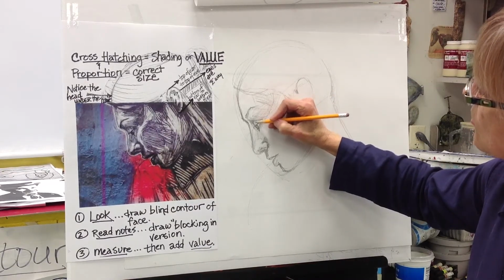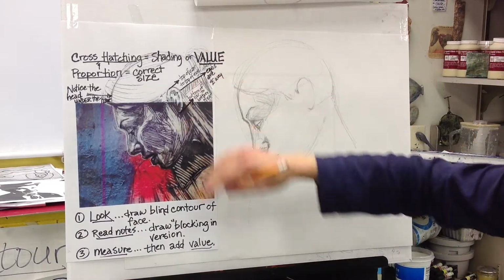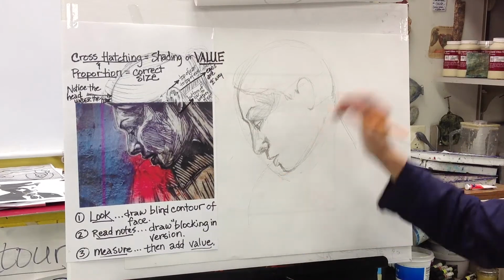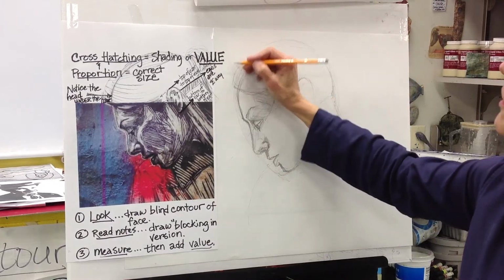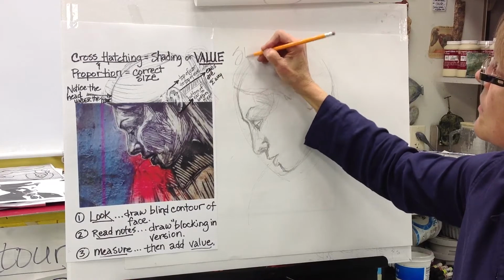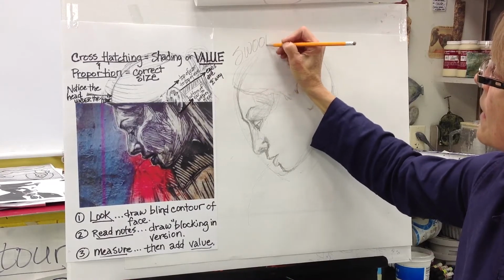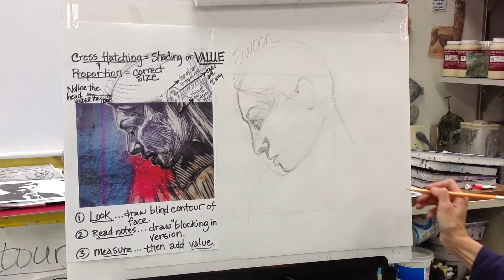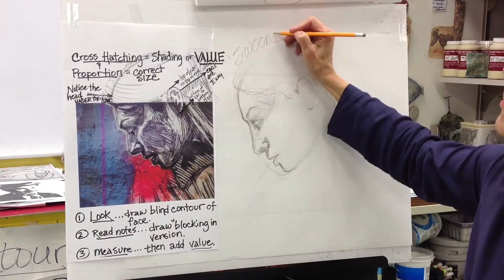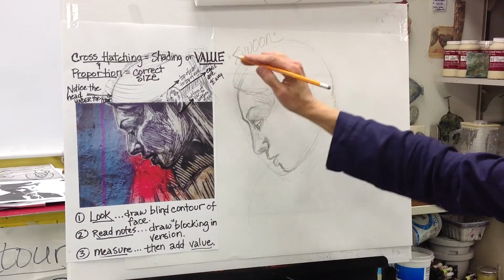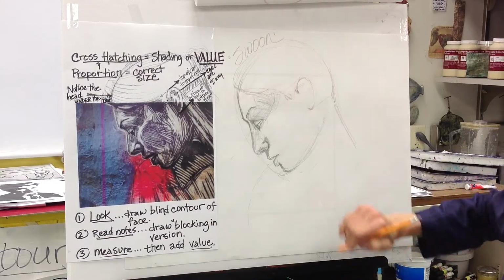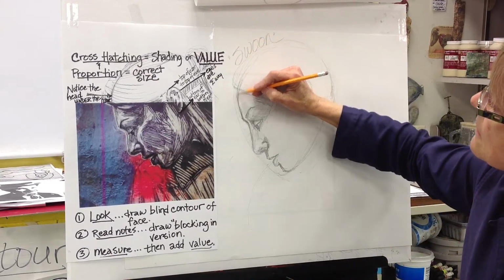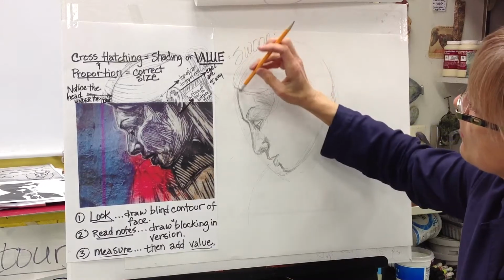I'd like to tell you while I'm working on this that this is an image created by a woman who goes by the nickname of Swoon, S-W-O-O-N. She is a graffiti artist in New York City. And so anytime you do a study of someone else's art, you want to always give them credit. So this is a study of her work.